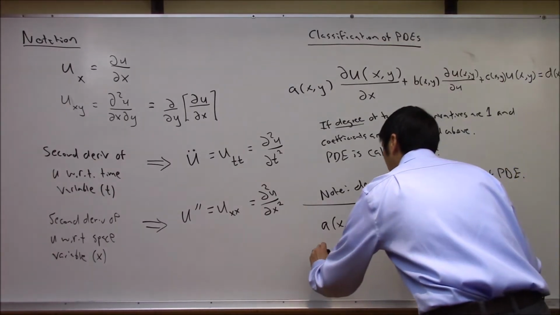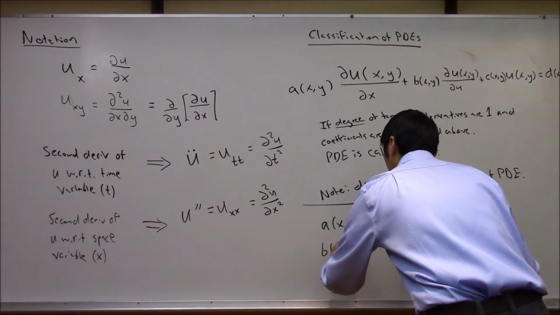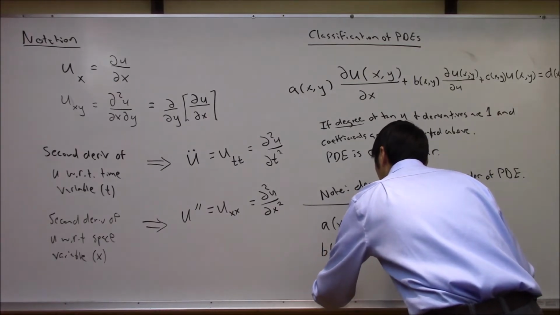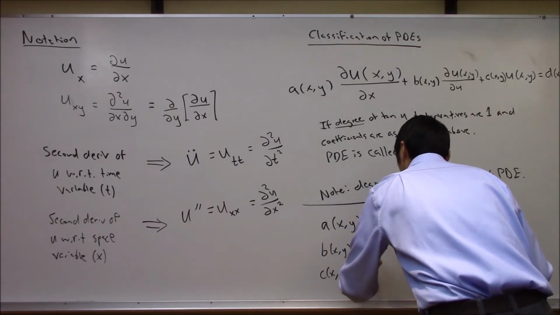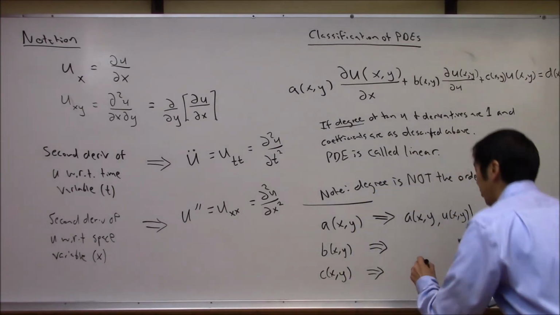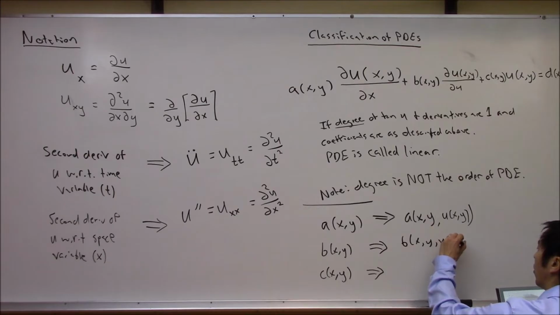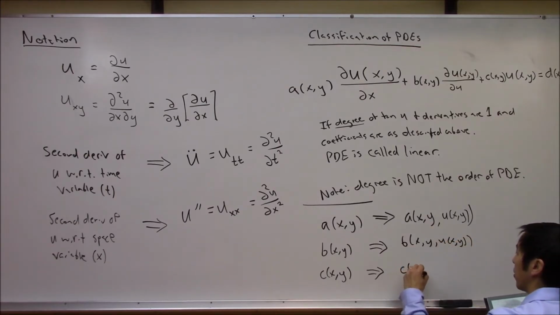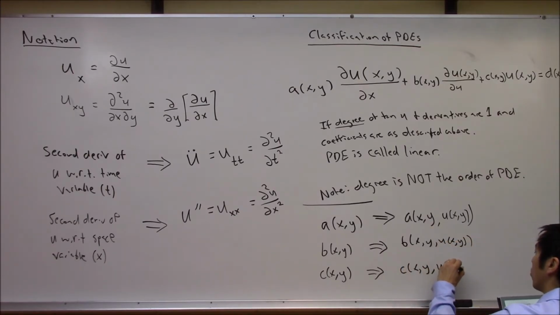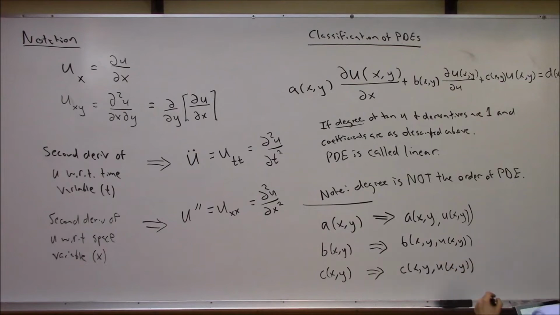And similarly for b of x, y and c of x, y, if these coefficients could all be rewritten very slightly to be a little bit more complicated, like this, well, in this case, this is no longer referred to as linear.